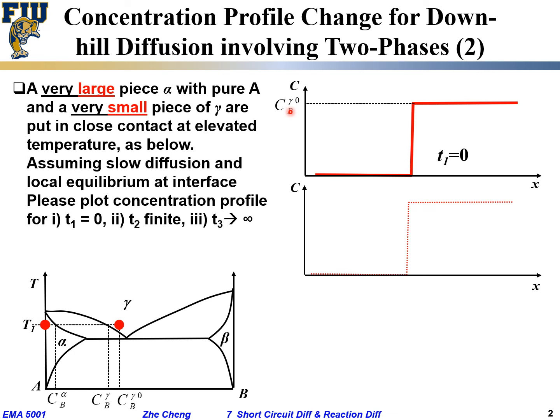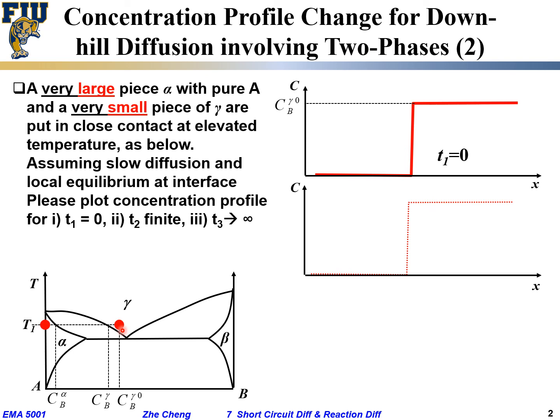Well, we said very large piece of alpha, very small piece of gamma. Which way would the interfacial phase move? Towards alpha or towards gamma? Which phase would it enlarge? Put another way, I have a big piece of alpha, tiny piece of gamma. Which way would that interface move? Towards alpha, which means alpha shrinks, or towards gamma, which means gamma shrinks?